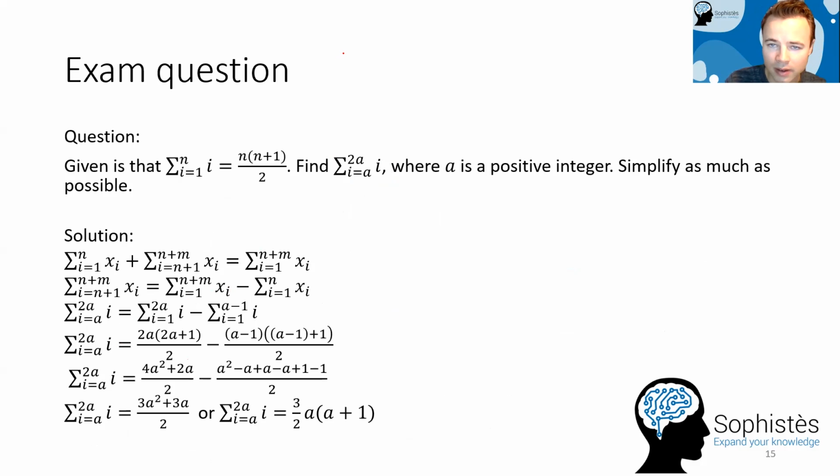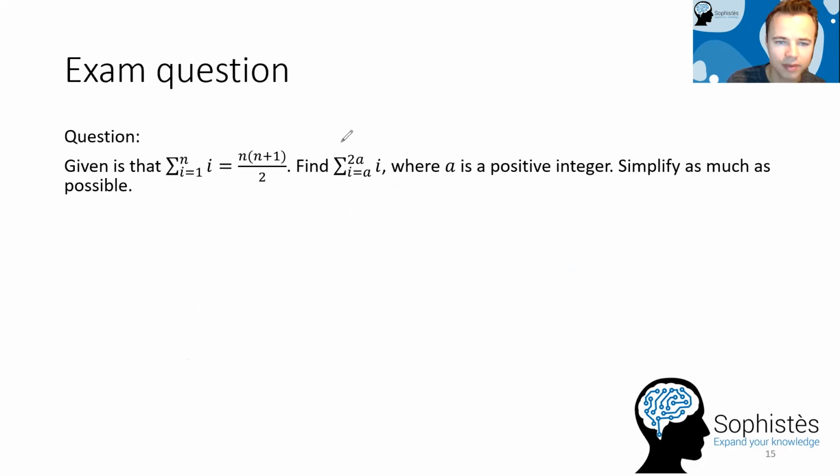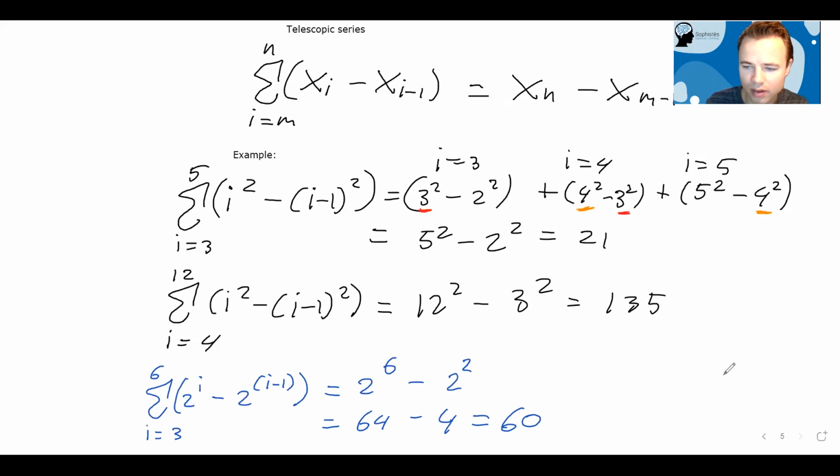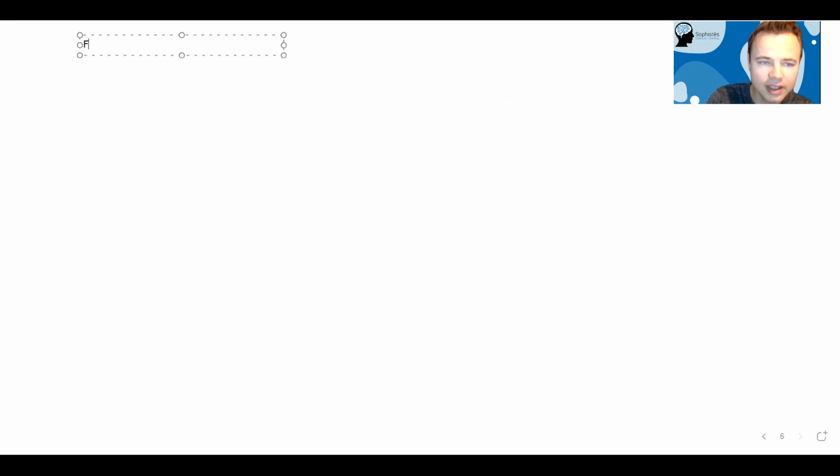Then I'm going to show you a different method. Let me take you to the whiteboard. So the question is, find the summation of i from i is a, all the way up to 2a.